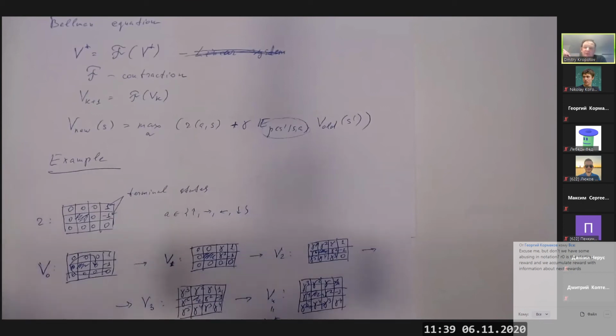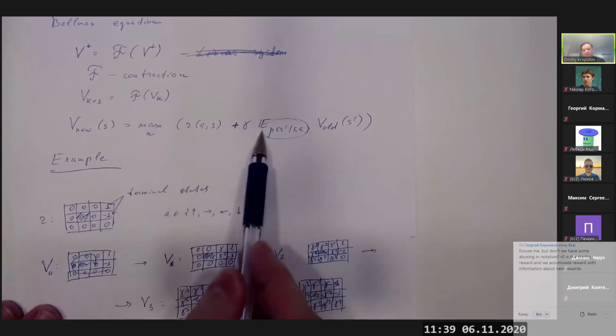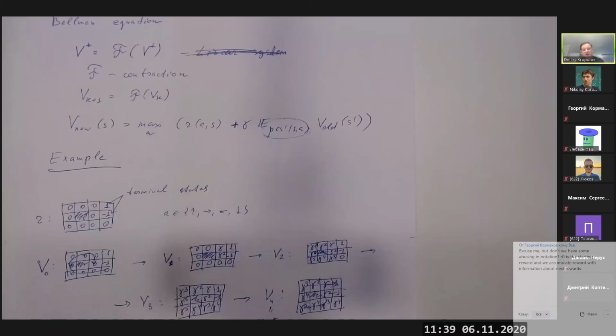You are not able to maximize just in a loop over all possible actions. So in real situations, many of the components in this formula, you're just not able to calculate. And that is why in practice, we need a different algorithm, not the value iteration algorithm.